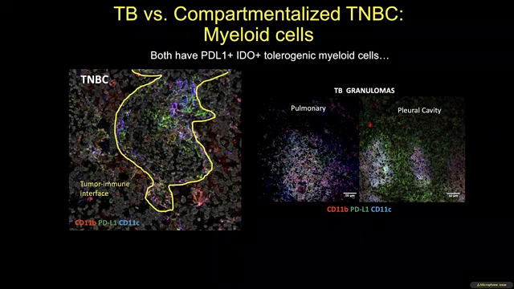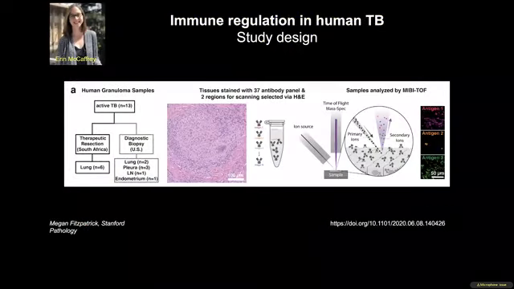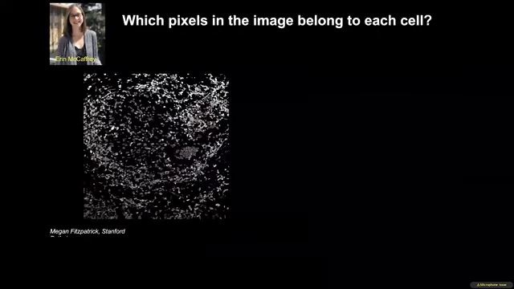So this got us very interested on this preliminary data, and Aaron McCaffrey led this, and in collaboration with the Gates Foundation, we decided to look at a whole cohort of pulmonary and extrapulmonary TB lesions. The workflow is very similar to what we did with the TNBC study. Going through step one, here's our TB granuloma.